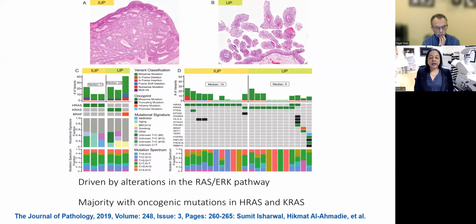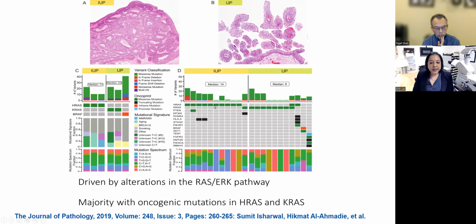What about molecular differences between inverted urothelial papilloma and exophytic normal papillary papilloma? The inverted urothelial papilloma has a predominant pathway that it takes, which is HRAS.